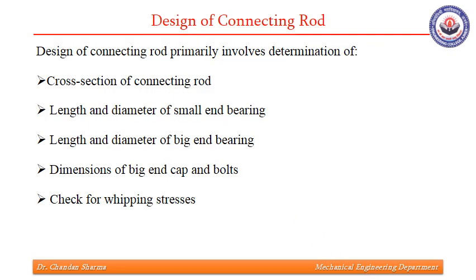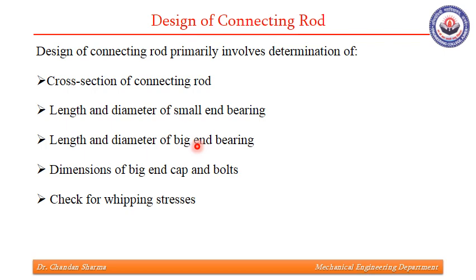Let us talk about the design of the connecting rod. It implies what we are supposed to find while designing a connecting rod. Our job is to find the cross section of the rod. As we have seen, a connecting rod has one small end and one big end.